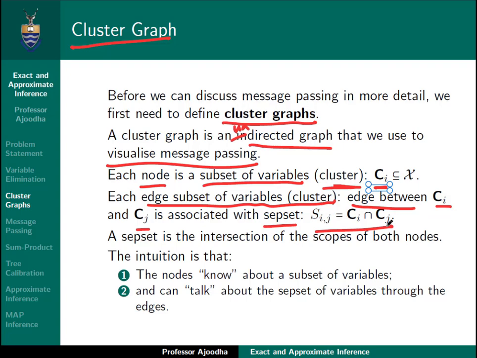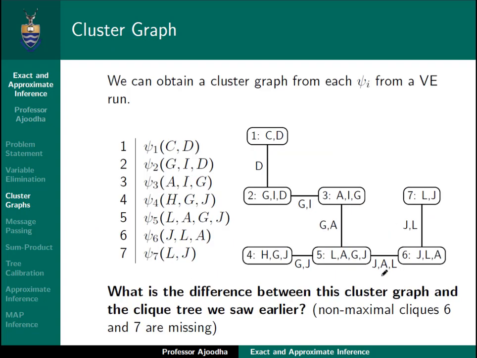The whole idea is that we have some kind of conversation that happens between clusters. The nodes, which are the clusters, know about a subset of variables, and they talk about those variables through the sepset. They like to gossip about the variables, and eventually they reach some kind of convergence.